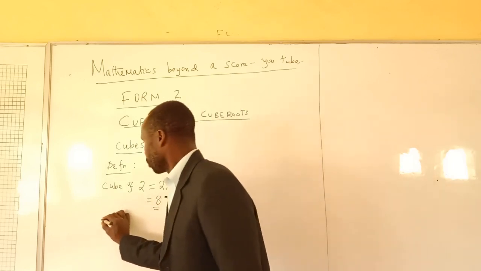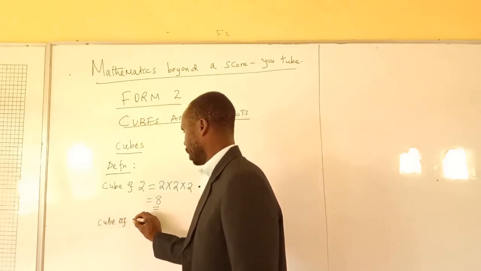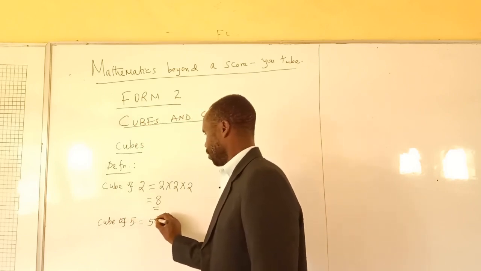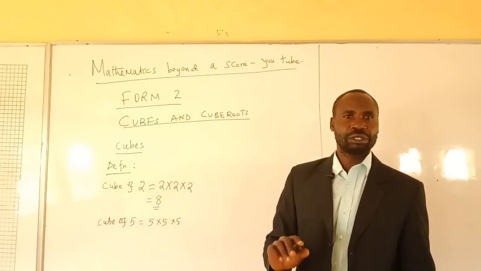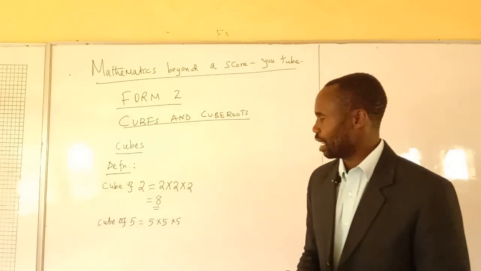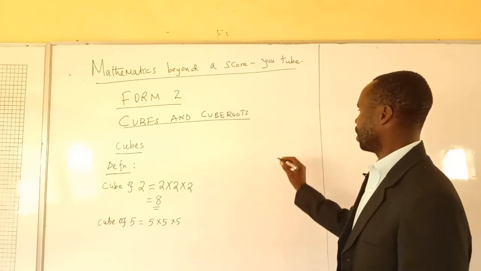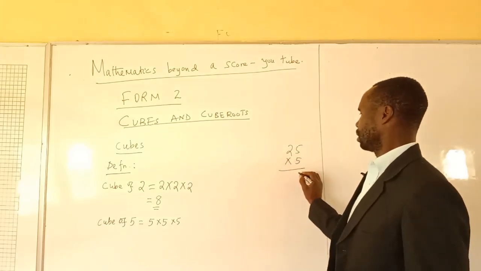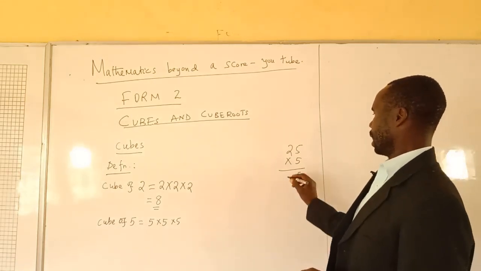The cube of, for example, 5 is 5, multiply by 5, multiply by 5. My students, 5 multiplied by 5 is 25. 25 multiplied by 5: 5 times 5 is 25, carry 2, 10, 12.